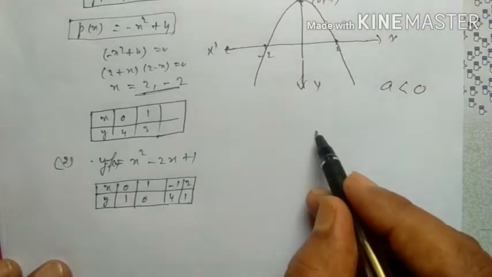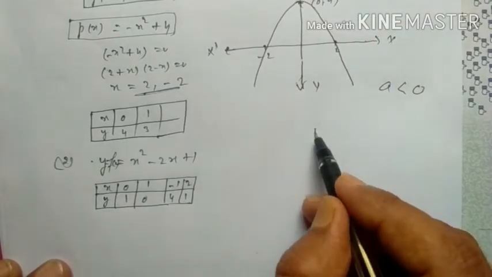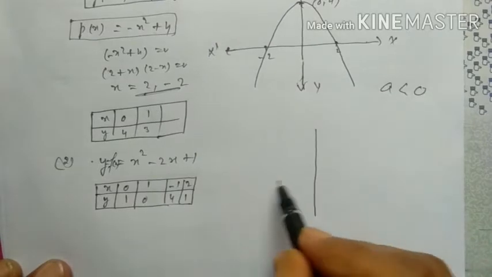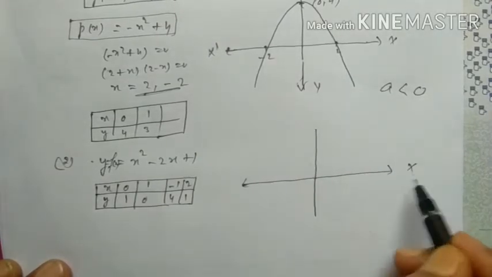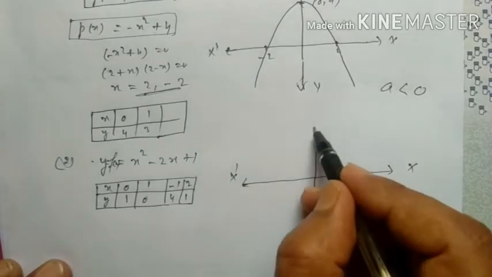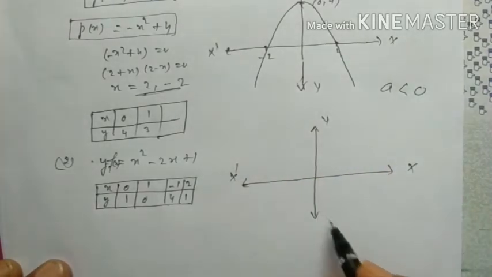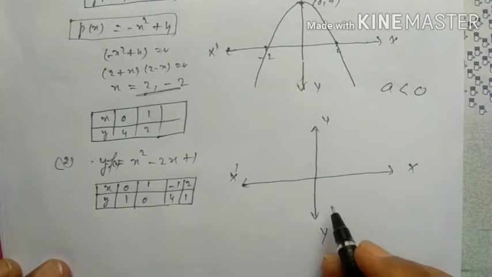Now when we draw its graph, we will see x dash, y dash.